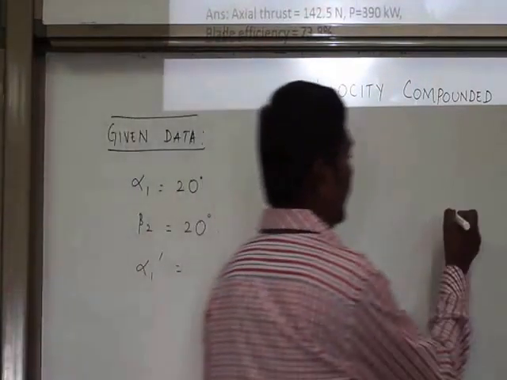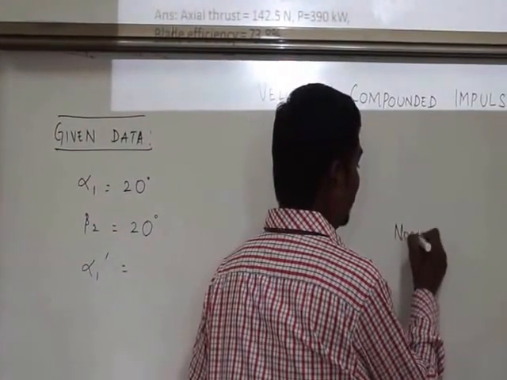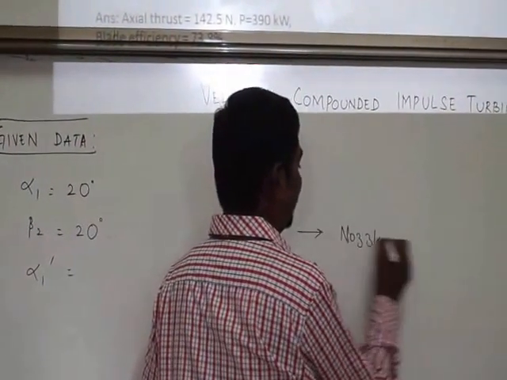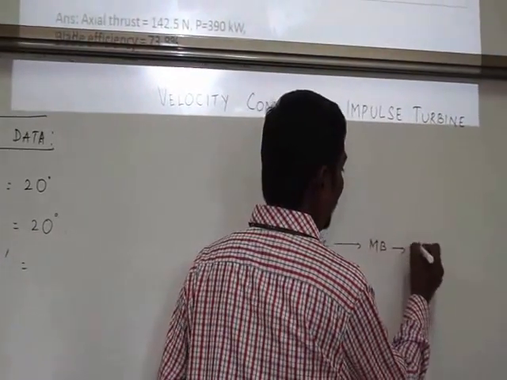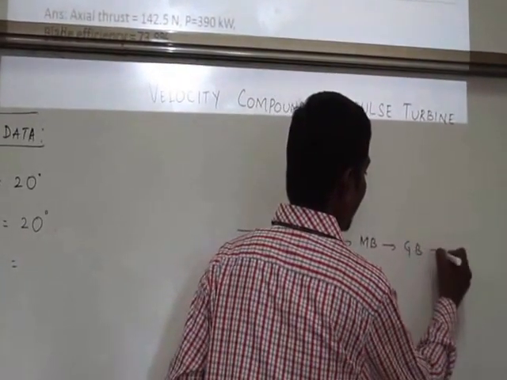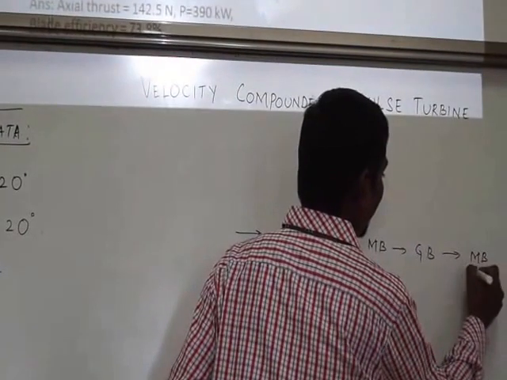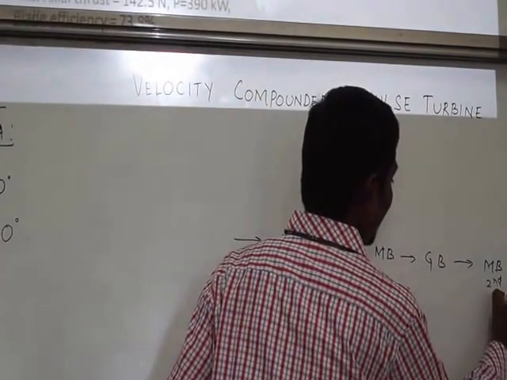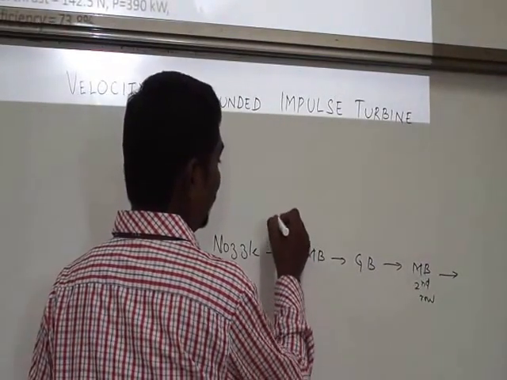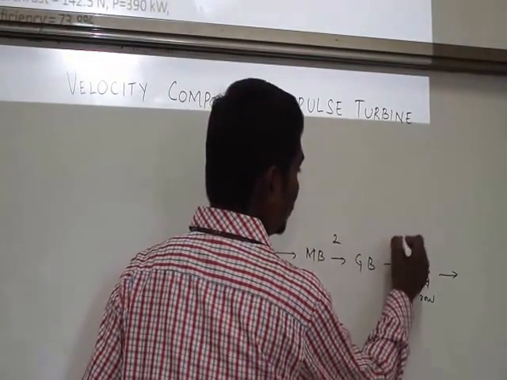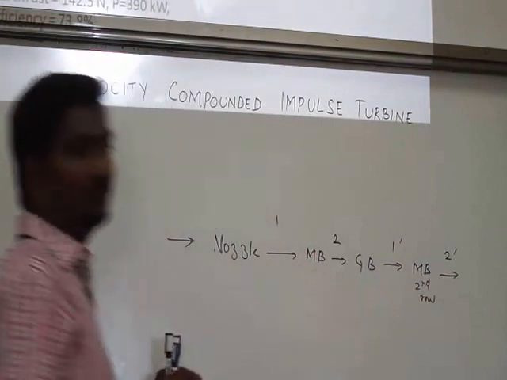This is how the fluid enters. Initially it enters the nozzle, followed by the first row of moving blades, then the guide blade, then followed by the second row of moving blades. Then it leaves. So here it is 1, 2, 1 dash, 2 dash.